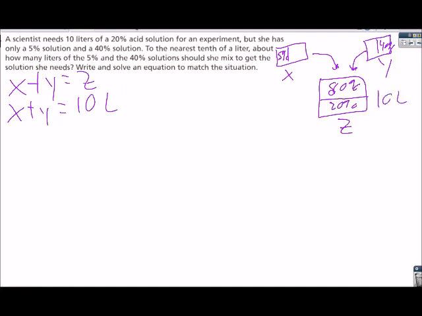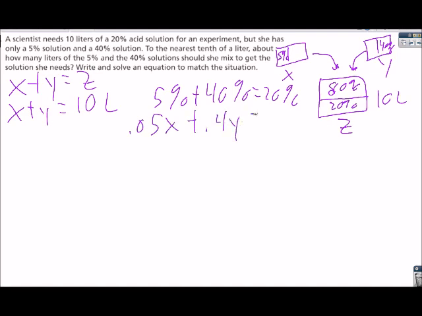The next thing that we know is that when we add the 5% and the 40%, we're going to get 20%. But because we're talking about the whole thing, we have to then put X plus Y is equal to Z. But we know what Z is.